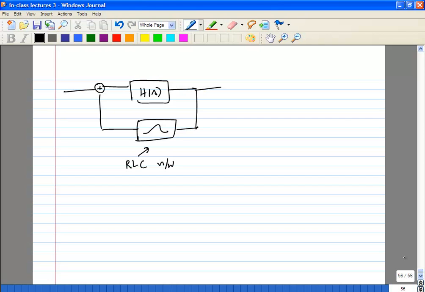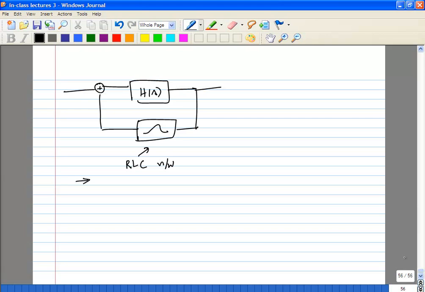We know that a parallel RLC network has very low impedance at all other frequencies, except at resonance where it has high impedance. We are going to use that property to create the oscillator, and most RF circuits end up using something similar to this kind of property.